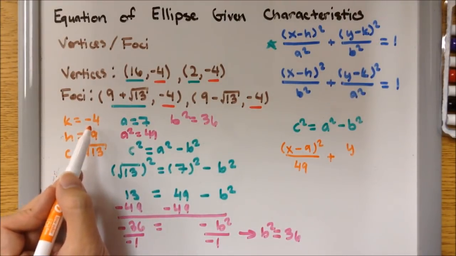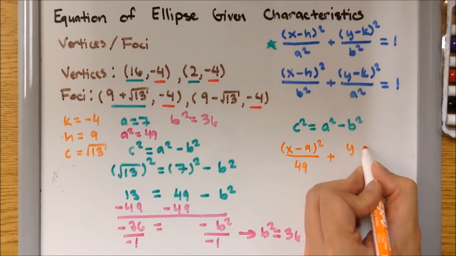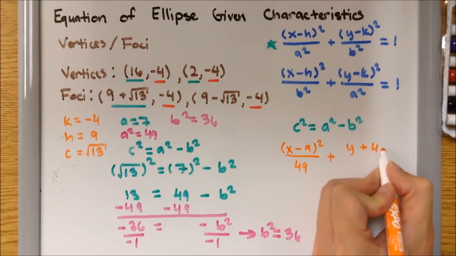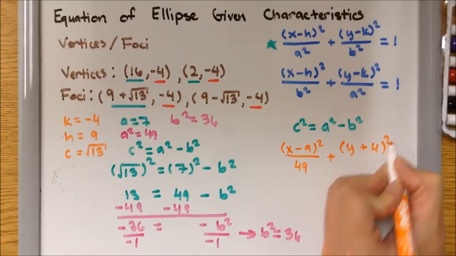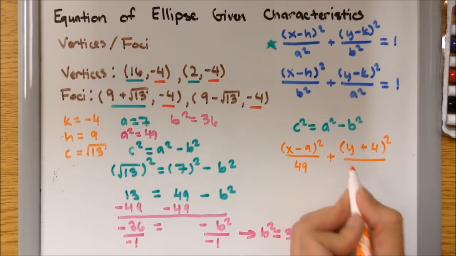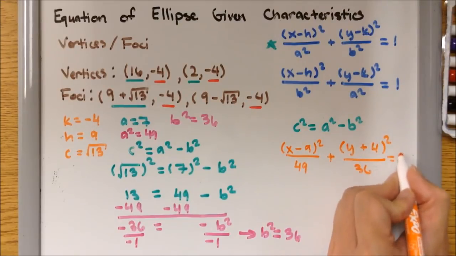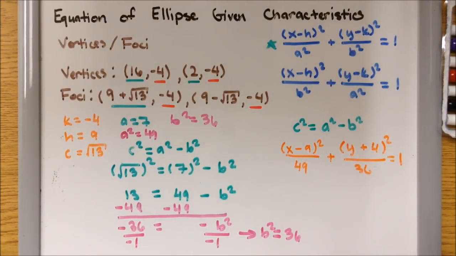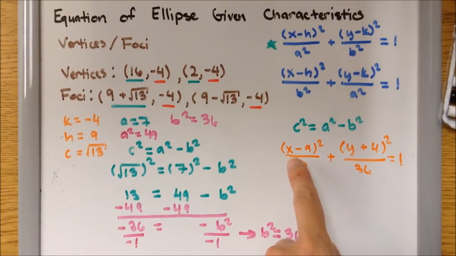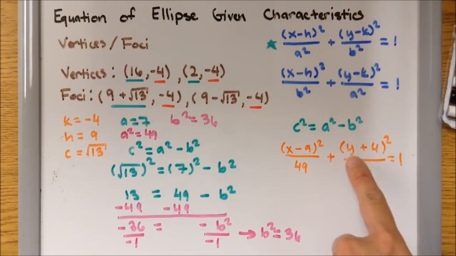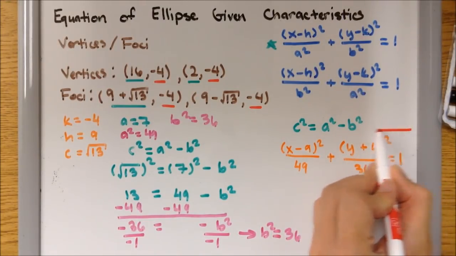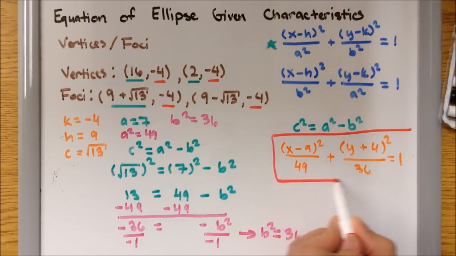Since my k is -4, this becomes plus 4, squared. So y + 4 squared over my b squared, which is 36, equals 1. That will be our final answer: the square of (x - 9) over 49, plus the square of (y + 4) over 36, equals 1. So here is our final answer.